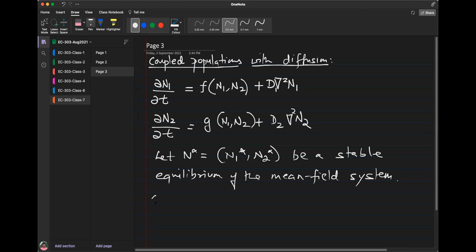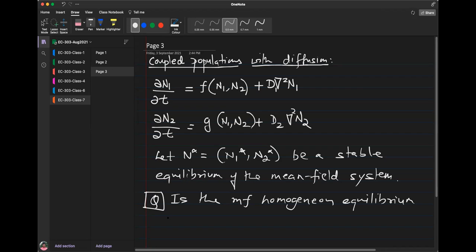So the question we now ask is: is the mean field homogeneous equilibrium stable to heterogeneous perturbations?